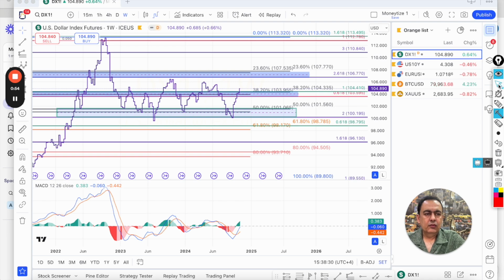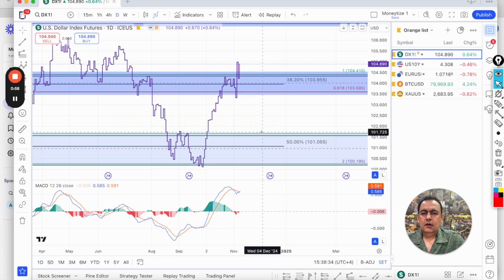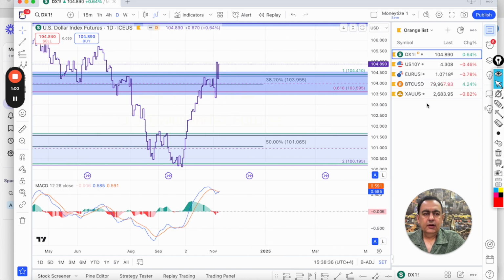Let's move down to daily now. Now here on the daily chart, dollar rallied strongly post election, and here it's sitting at a very crucial support zone. So it has gone higher, and right now the current support is at 103.59 to 104.44.